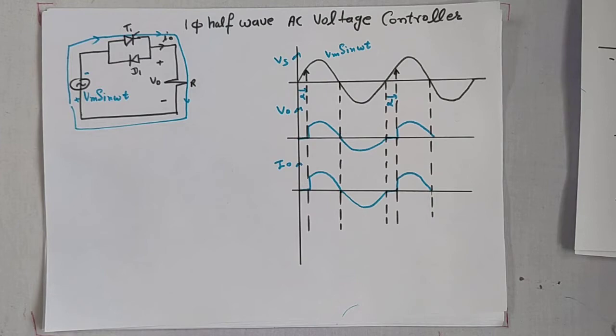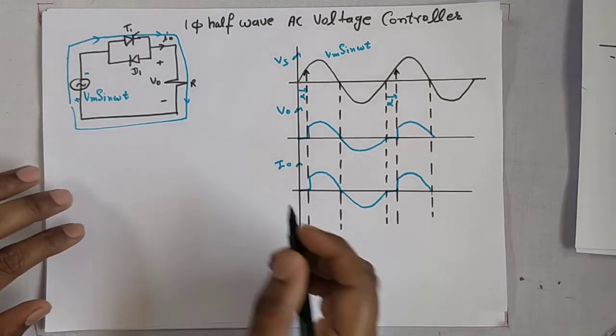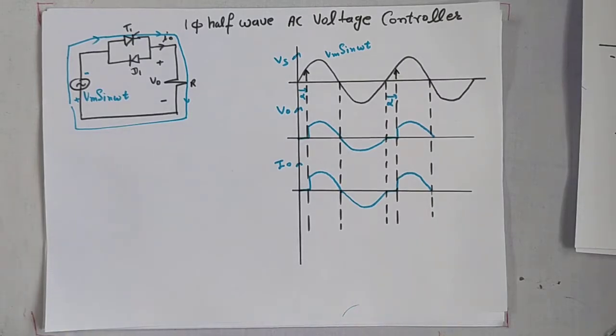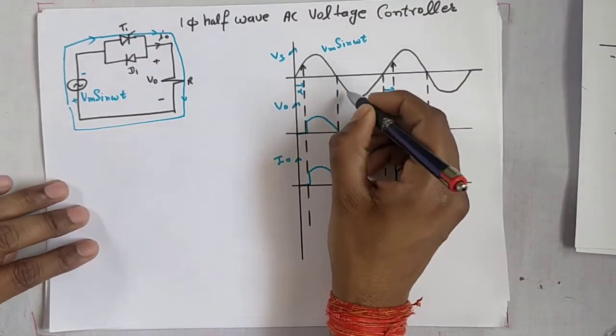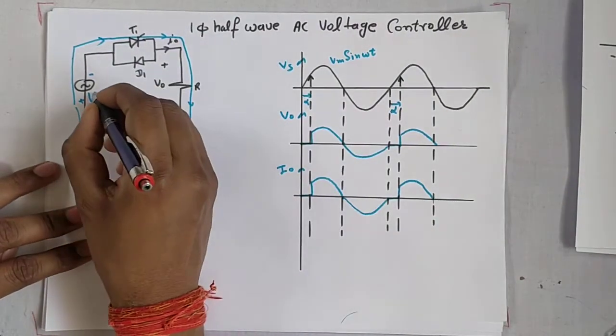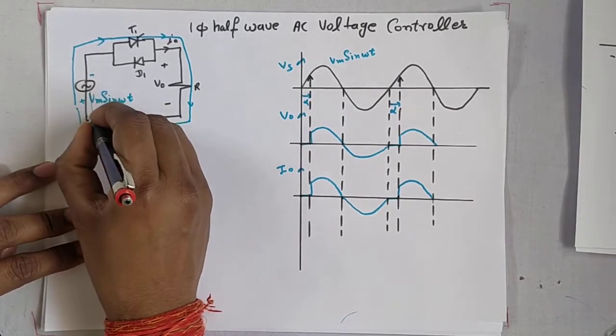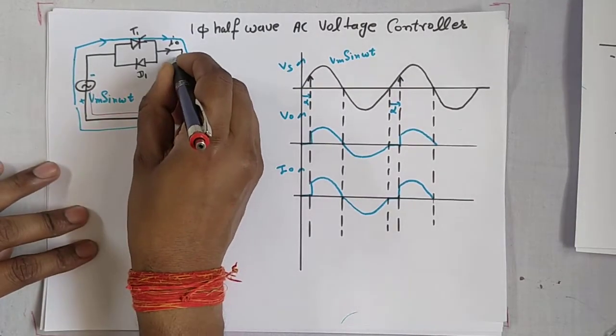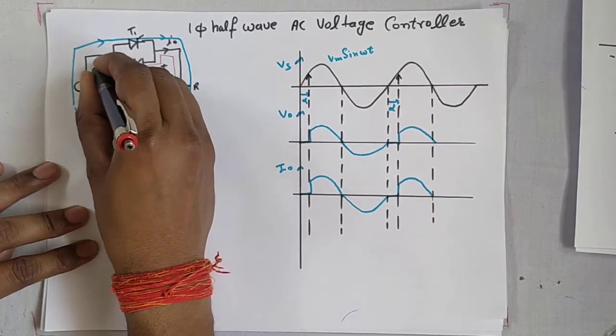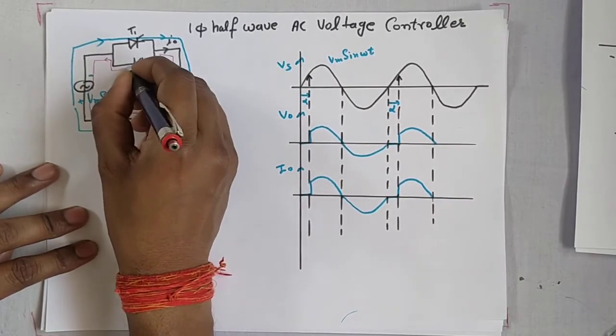Now let's write down the equation for the single phase half wave AC voltage controller. One more thing: for the negative cycle, current will flow from here to here like this.